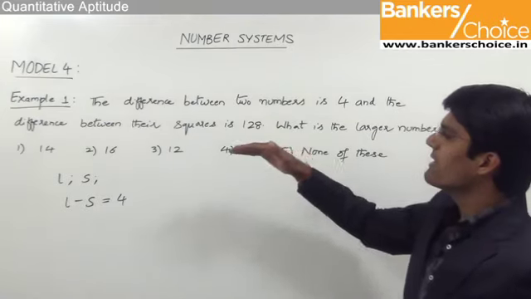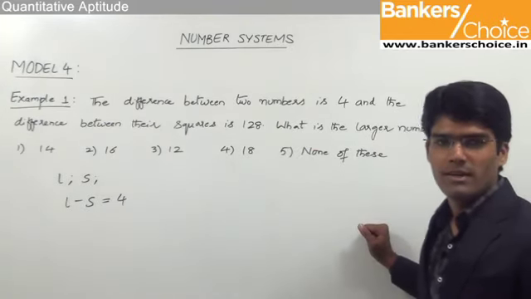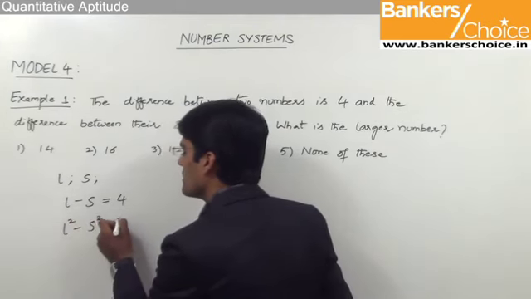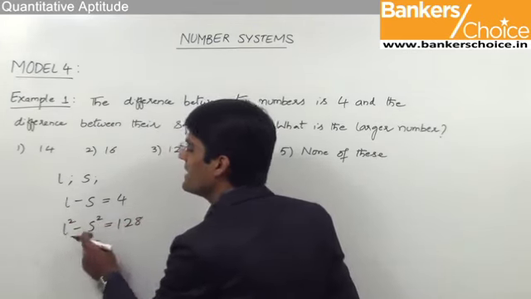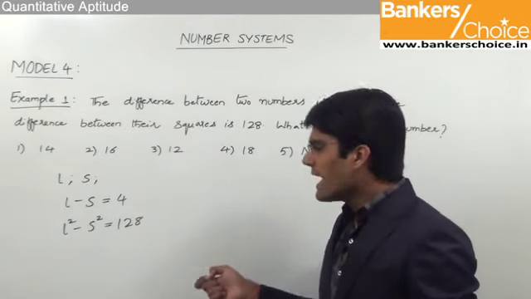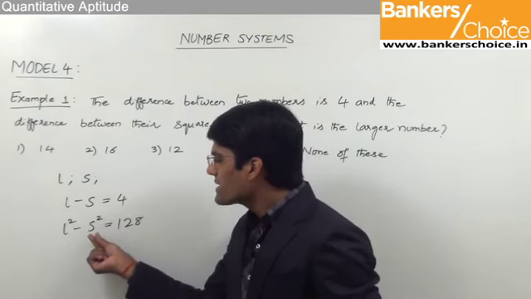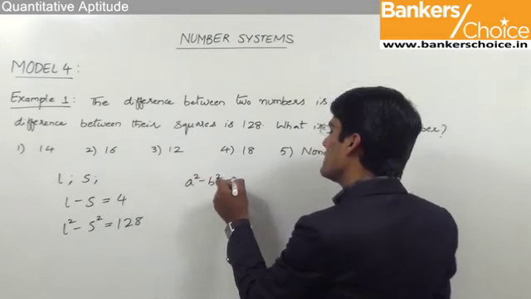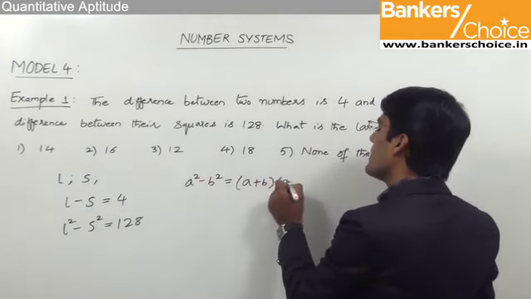The second point here is the difference between their squares is 128. That means L squared minus S squared should be equal to 128. That is the difference between their squares. Now from the discussion of the various formulae, we know that this is in the form of a squared minus b squared, and a squared minus b squared is nothing but (a plus b) into (a minus b).